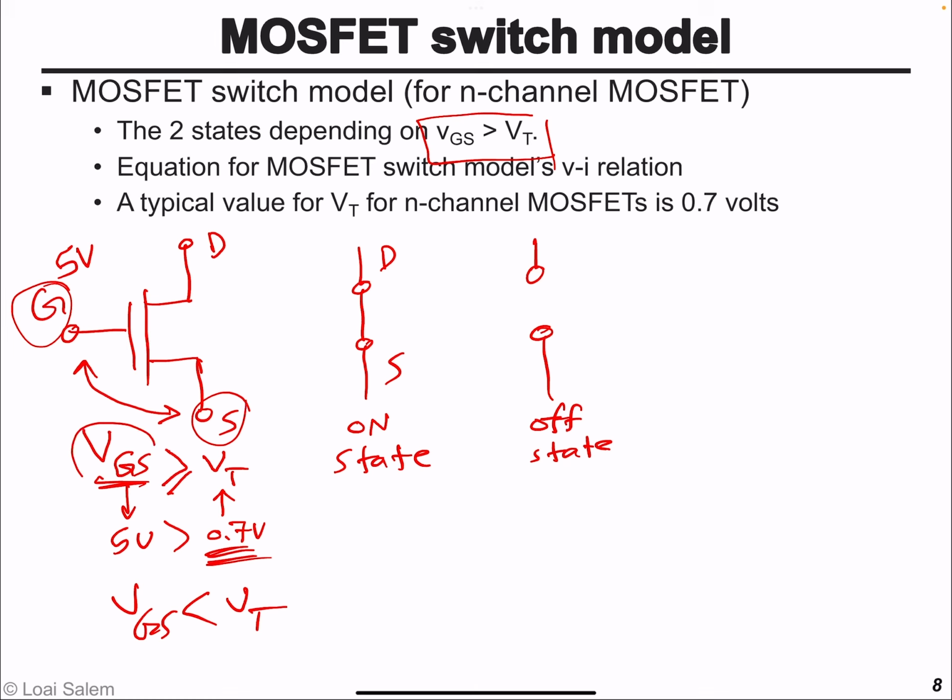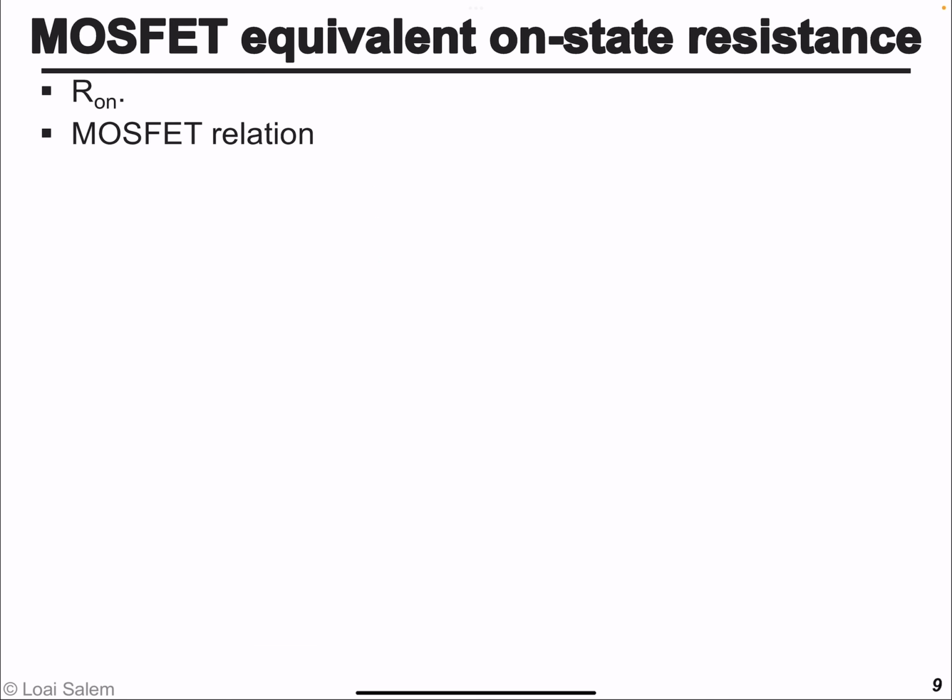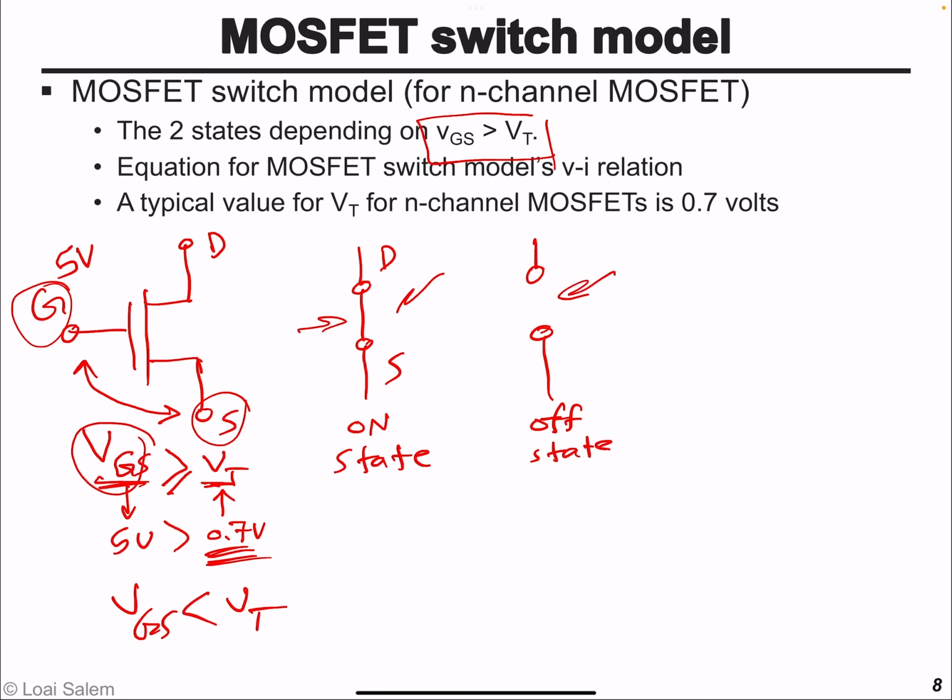So VGS must be larger than VT in order for the transistor to turn on, otherwise the transistor will be off. A second detail is that when the transistor turns on, it actually doesn't behave as a short circuit. It connects the drain to source, but it has a finite amount of equivalent on resistance, or on state resistance.